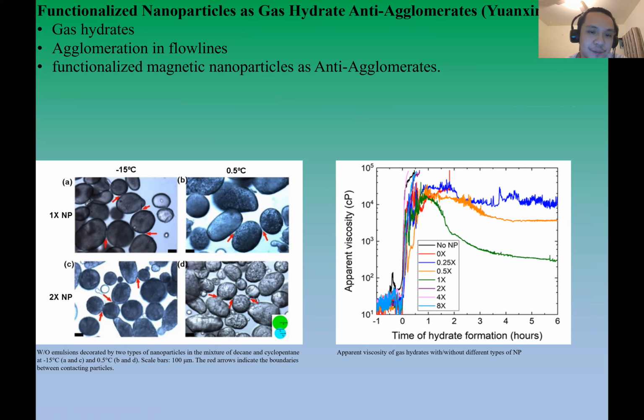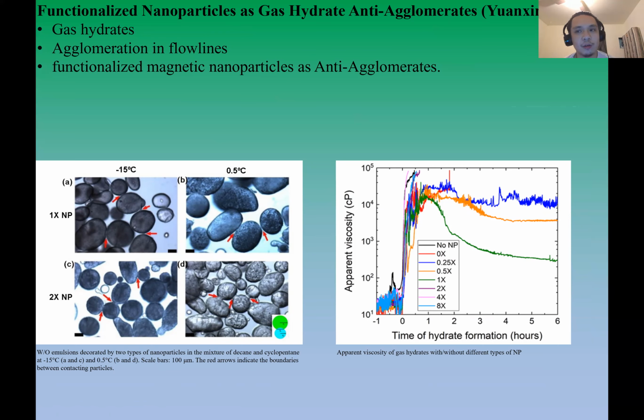In the left picture, our group has already shown that for different amounts of functionalized surface, we can control the gas hydrate formation. And also, the pipeline solution can have different viscosity when we reduce the formation of the hydrate.